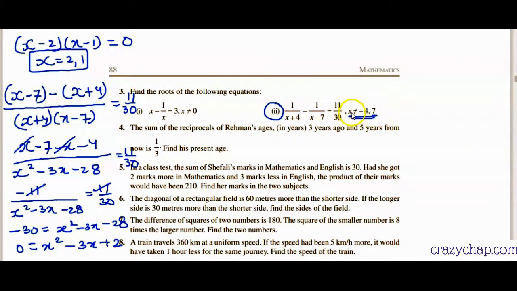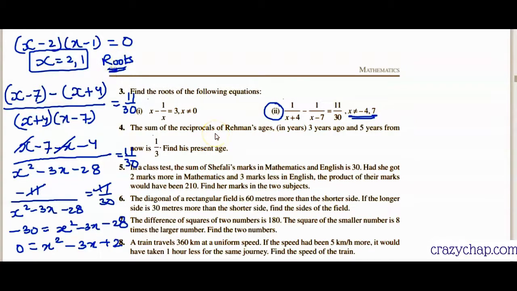Condition says that x should not be negative 4 or 7. So if you get any value, let's say if you have got minus 4, then minus 4 would not be a part of your solution, right? Anyway, we have not got minus 4 or 7. We have got 2 and 1. So my answers, my roots are 2 and 1, right? So yes.